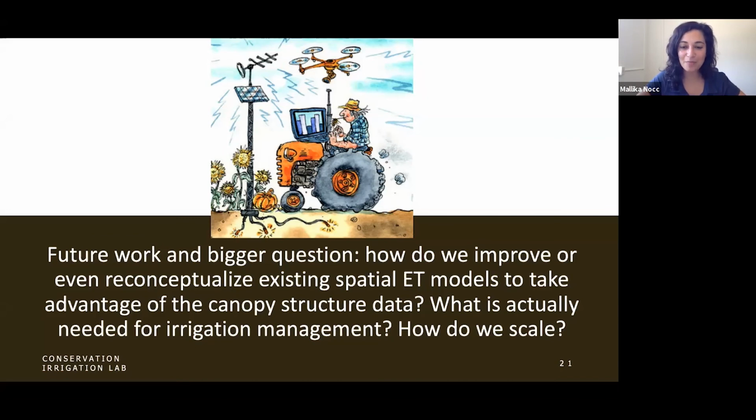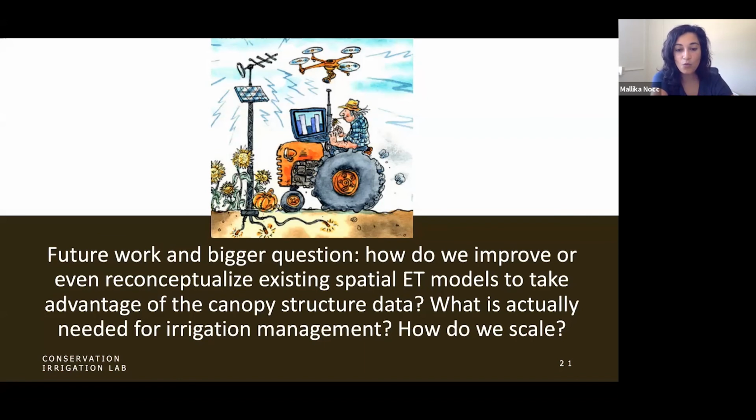One of the things that I want to put out there that I've been thinking a lot about is how do we improve or even reconceptualize existing spatial evapotranspiration models to take advantage of all the additional information we're getting from drones, right? I feel that this can be Hermit, this can be any of the ET models that are out there.